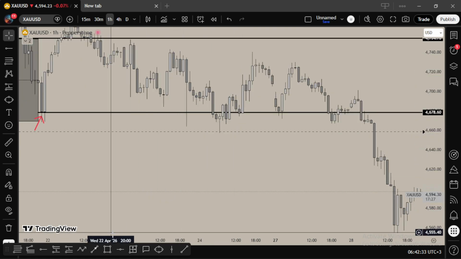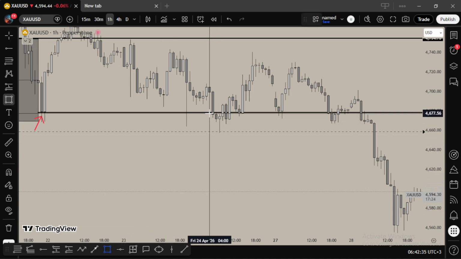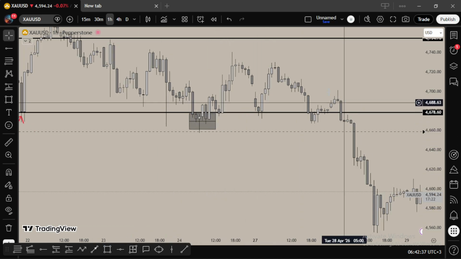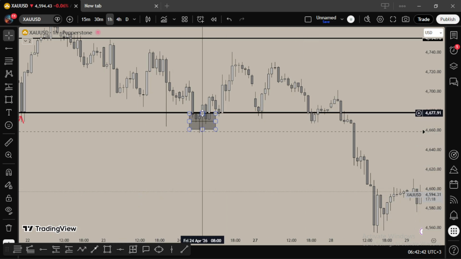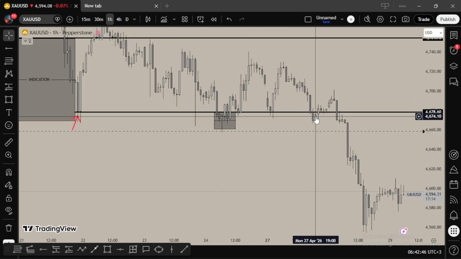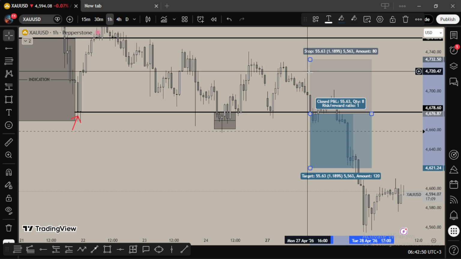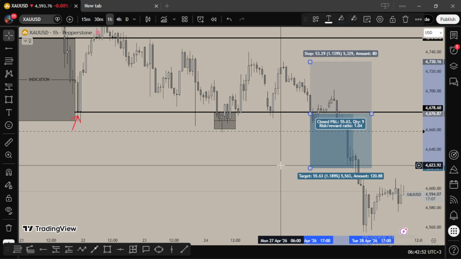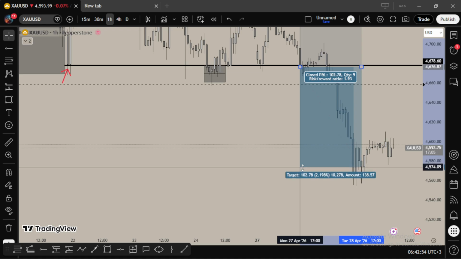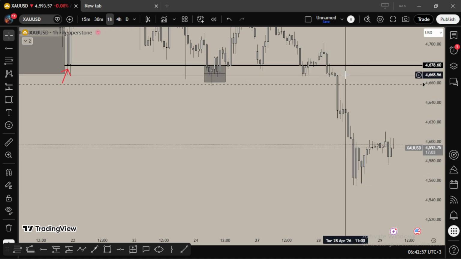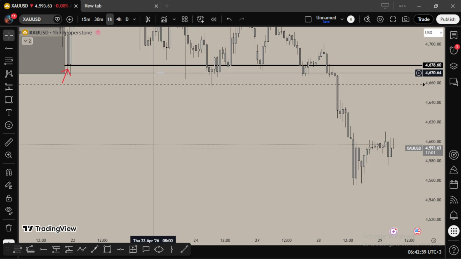We have an indication around that area. Price sold back beneath this level. So this is the indication. You can clearly see, even if it's small, it's an indication. So we'll have taken trades around there, short position around there, stop loss there, take profit target maybe to this low. But we have now a new low.